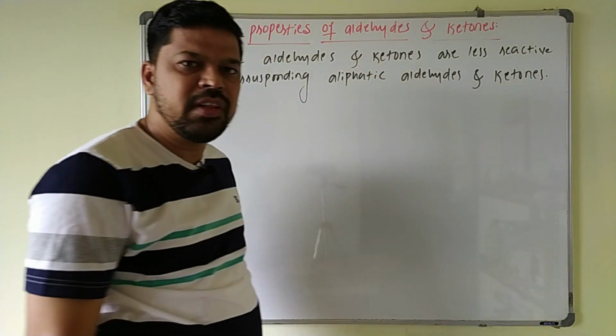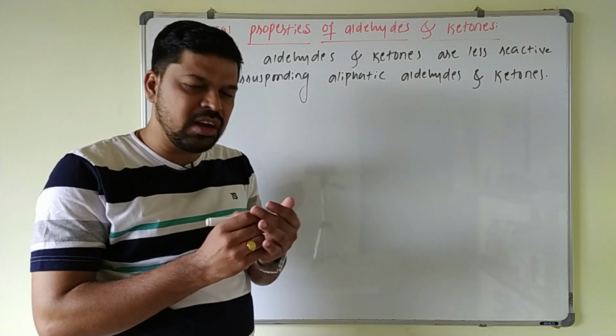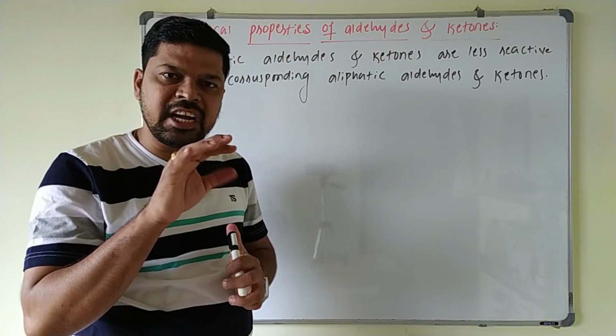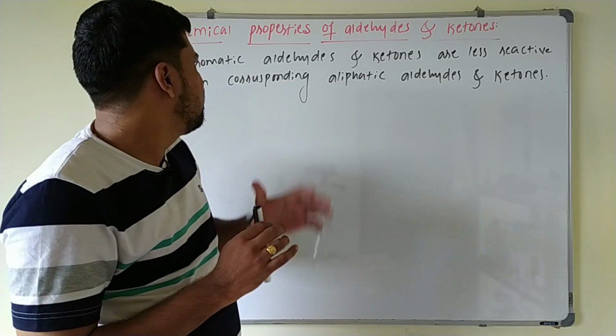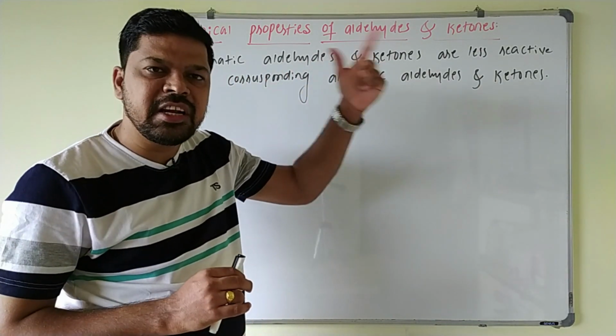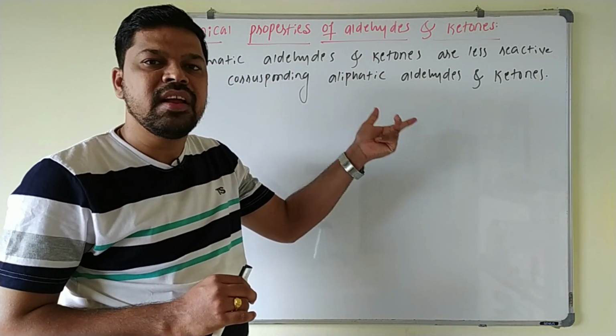So already we know that as the positive charge density on the carbonyl carbon decreases, their reactivity will decrease. Here aromatic aldehydes and ketones are less reactive as compared to their aliphatic aldehydes and ketones.